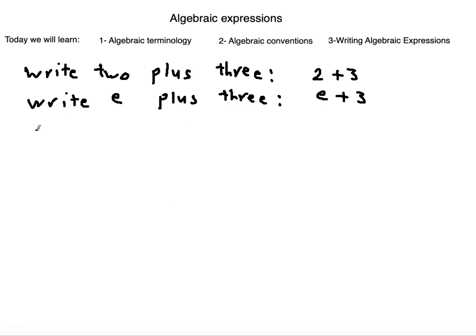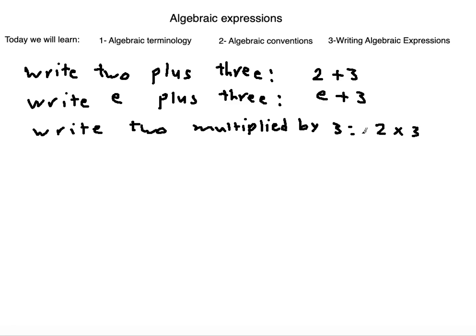Or when they tell you write 2 multiplied by 3, you're going to write it 2 times 3. In algebra, if instead of one of the numbers or both of them they gave us a letter, we do the same.